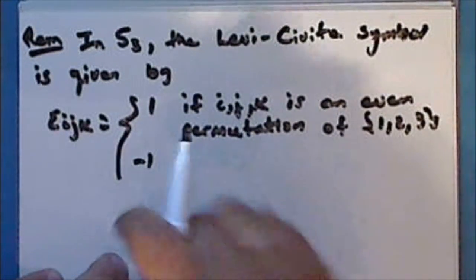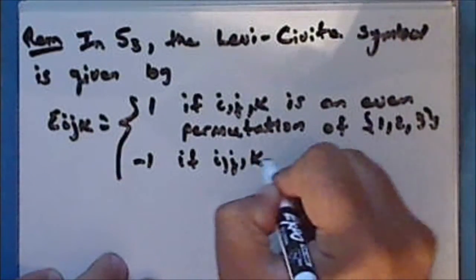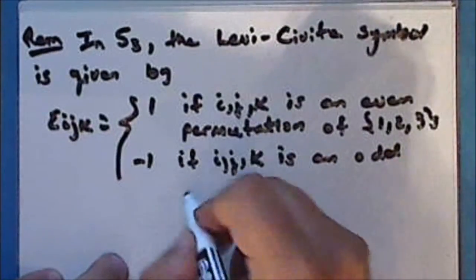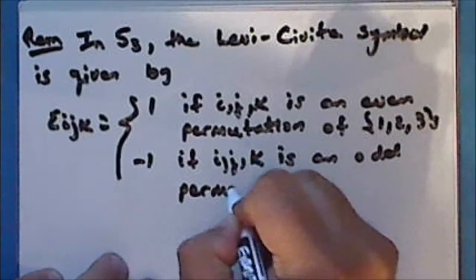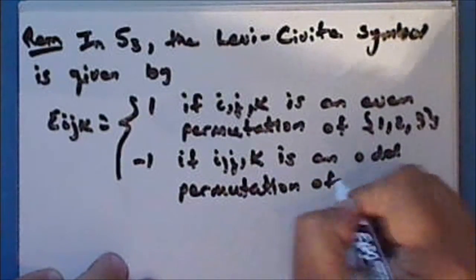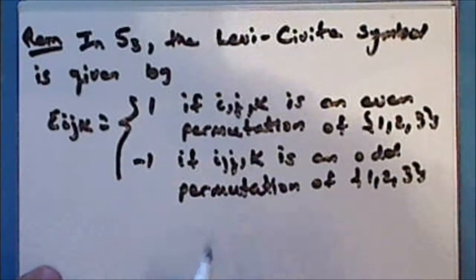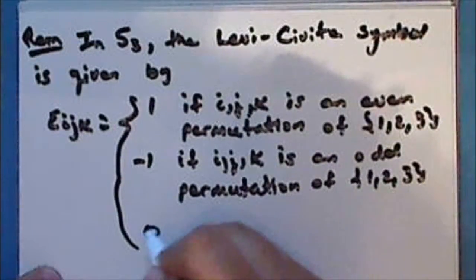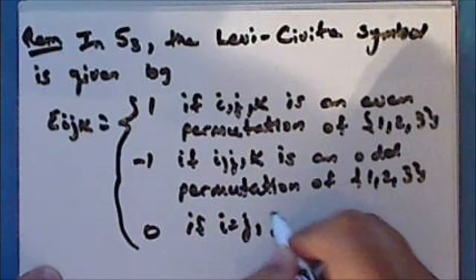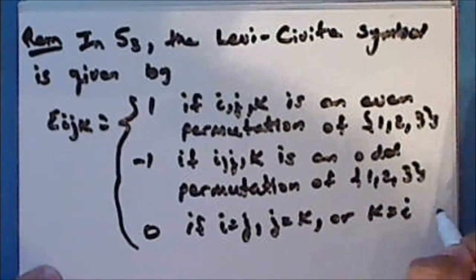It's equal to negative 1 if i, j, k is an odd permutation of the integers 1, 2, and 3, and is 0 if i is equal to j, j is equal to k, or k is equal to i.